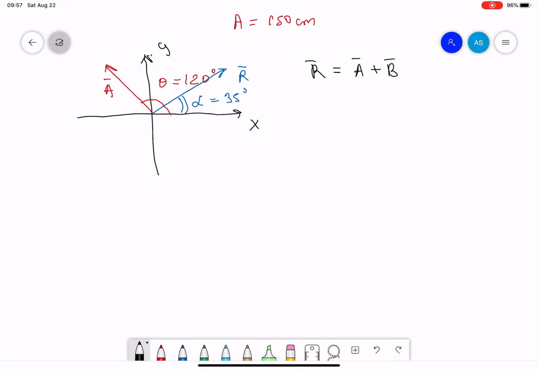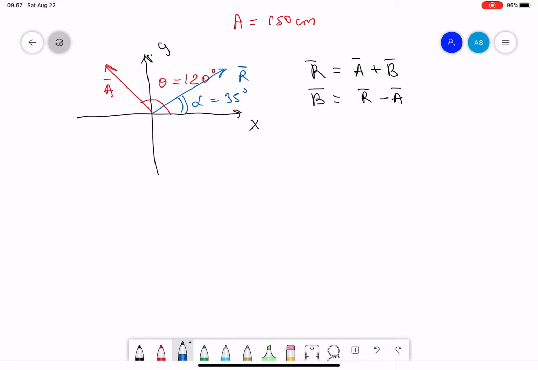From here we have to find the B vector. B vector is R vector minus A vector. If you want to find the components of the B vector, which are Bx and By, first of all you have to find the components of the R vector and the A vector. Let's find those components.